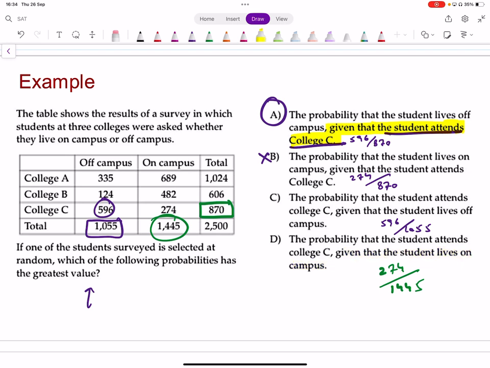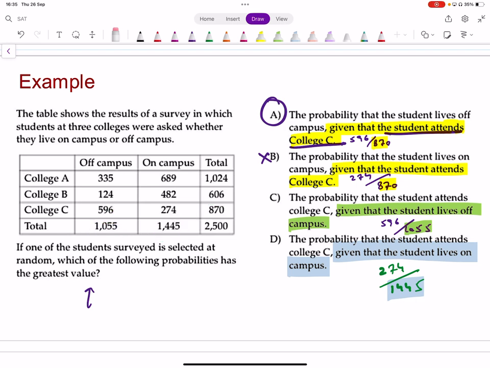In the first and second cases, we had 870 as the denominator because we were given that the student attends college C. In the second case, we were given that they live off campus, so that's 1055. And then given that they live on campus, that's 1445. Denominator has to be what is given. Is that okay? And the numerator would be that out of those numbers, how many satisfy the given condition? Okay?